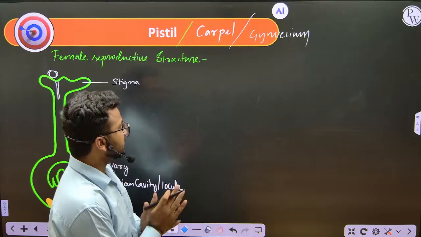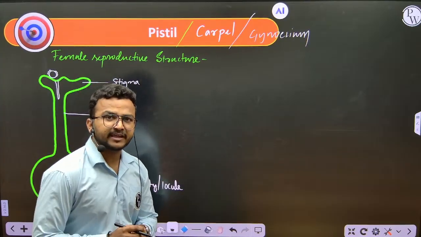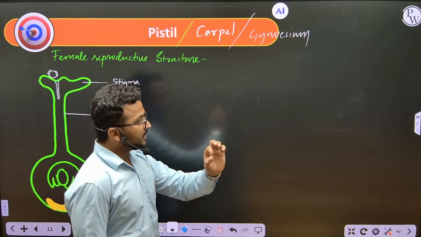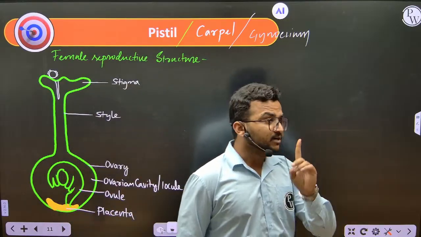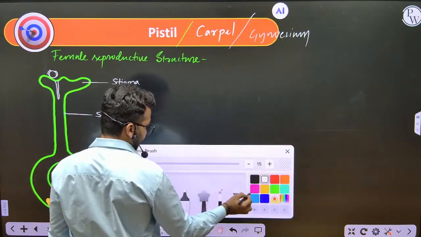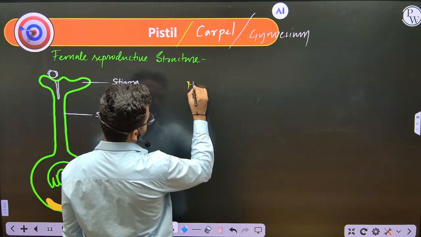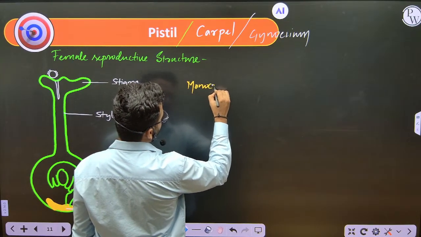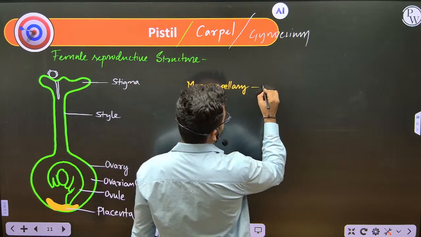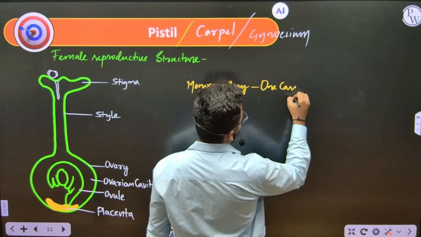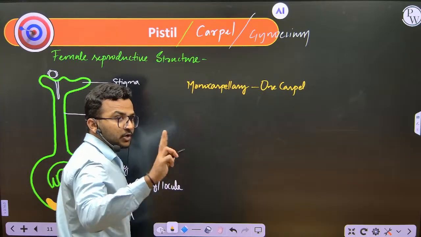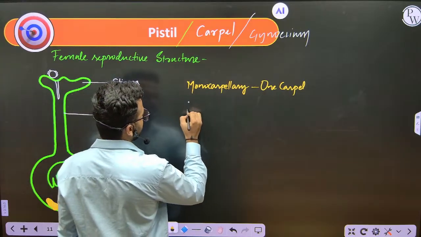Let us come to some terms which we will see in NCERT lines. If the carpel is present only one, we call that kind of flower monocarpellary, which means having only one carpel.